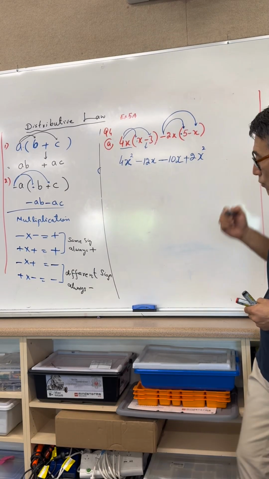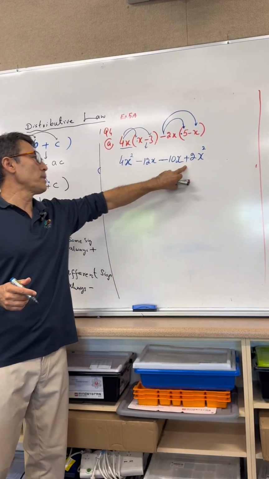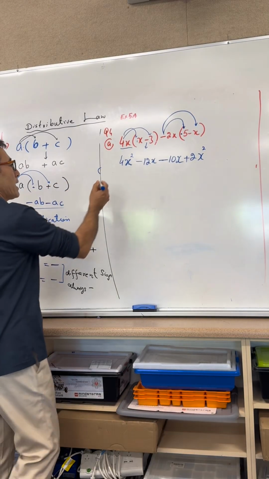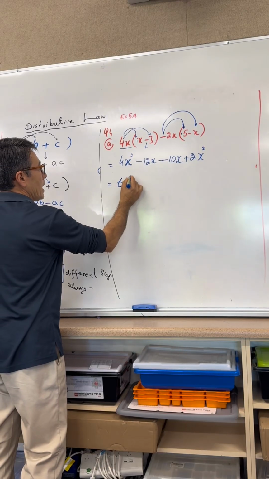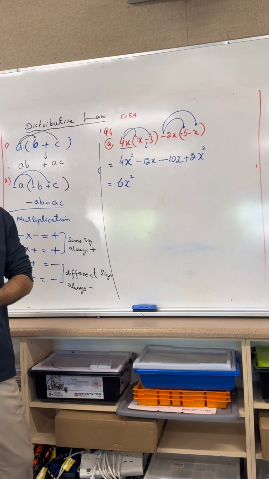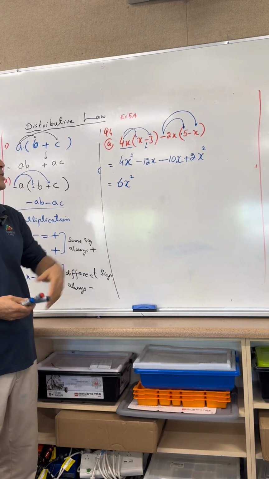Yes, 2x squared and 4x squared. This 2 is plus, and 4 is plus as well. So 4x squared plus 2x squared. What's the answer? We add them, right? 4 and 2, 6x squared. Yeah, 4x squared plus 2x squared makes 6x squared.